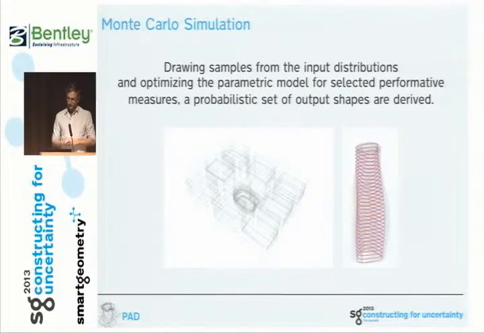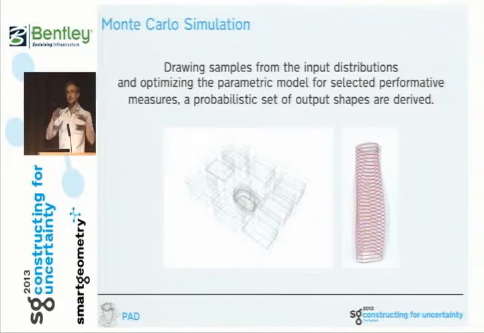This is participant work here. I don't know how well you see it, but we have uncertainty in the height of adjacent buildings, like future adjacent buildings of a certain site. And I think the performative measure was solar access, and we optimized for that here.